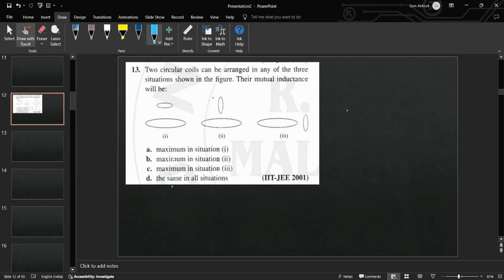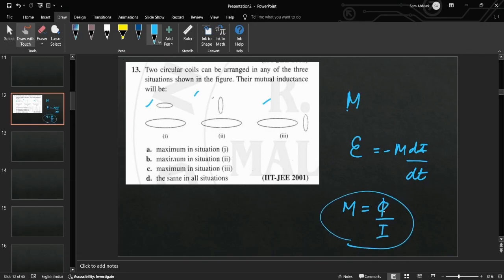This is A, B, C, suppose 1, 2, 3. Which is maximum? Mutual inductance M: E is equal to minus M dI/dt, or M is equal to φ by I. Anything you can think of?